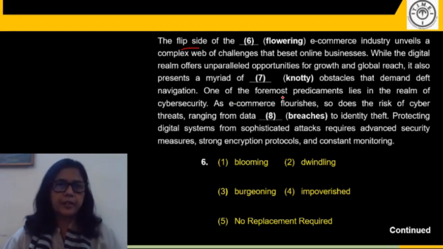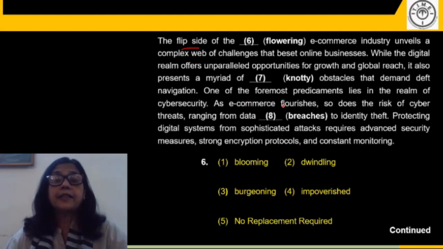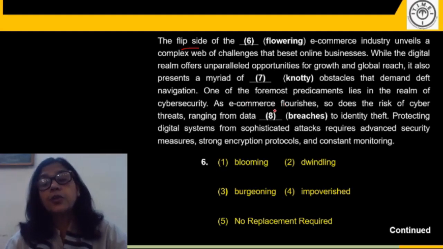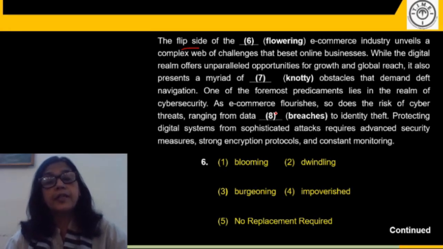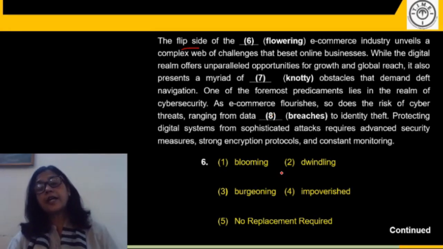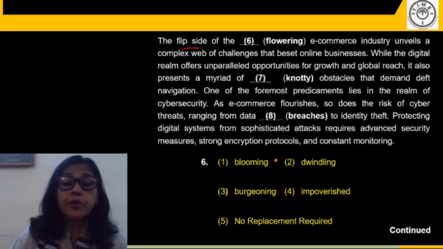So the positives and the negatives both, right? One of the foremost predicaments lies in the realm of cybersecurity. As e-commerce flourishes, so does the risk of cyber threats ranging from data dash to identity theft. Protecting digital systems from sophisticated attacks requires advanced security measures, strong encryption protocols, and constant monitoring.